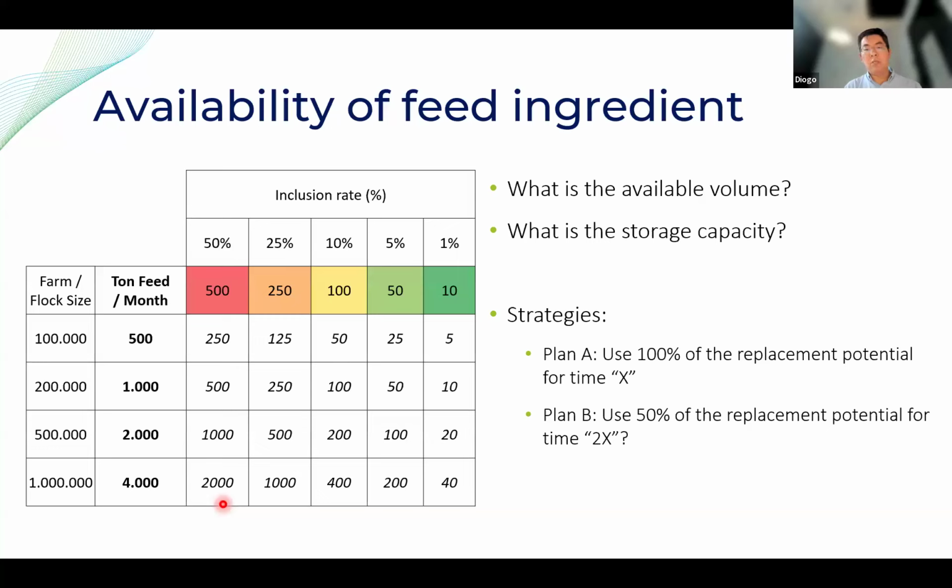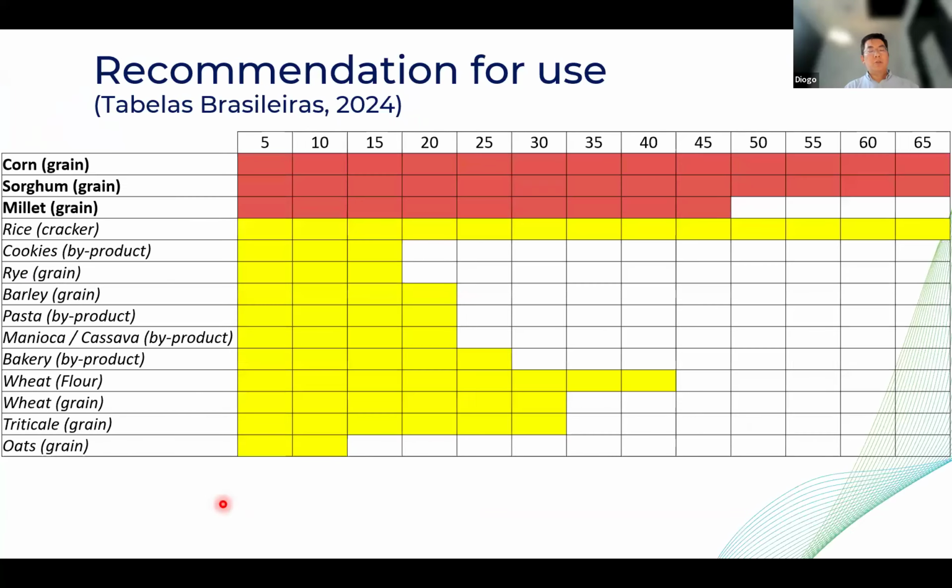Plan A, use 100% of the replacement potential for time X, or plan B, use 50% of the replacement potential for 2 times. This is something that we need to think about before we start to use the alternative ingredients.